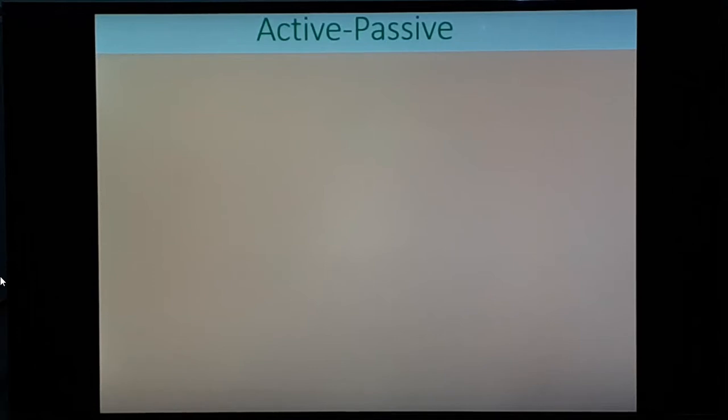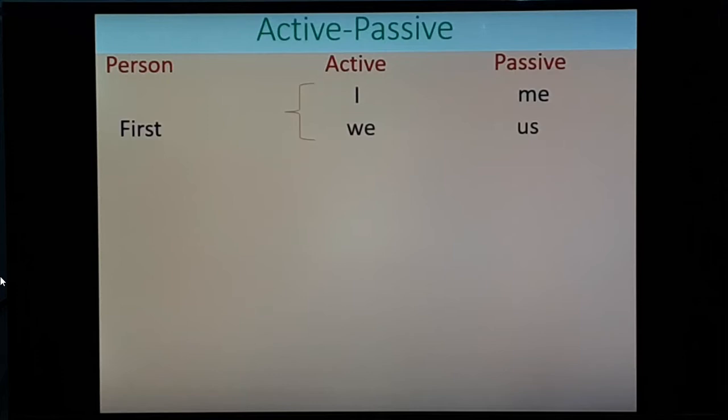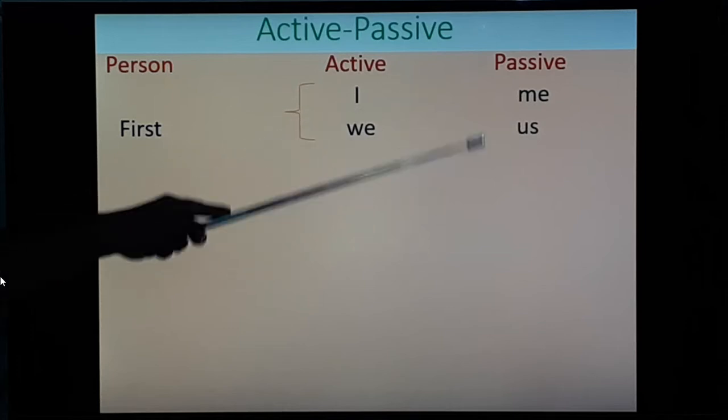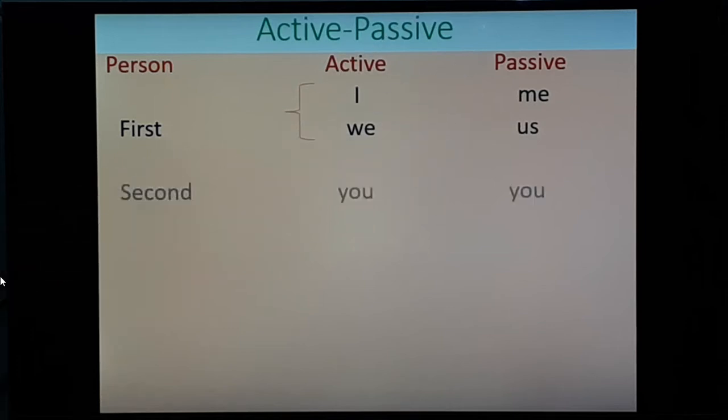Some changes are required while turning active voice to passive voice and passive voice to active voice. Let's see. First person, I becomes me in passive voice, we becomes us in passive voice.